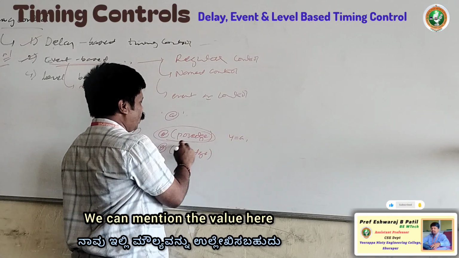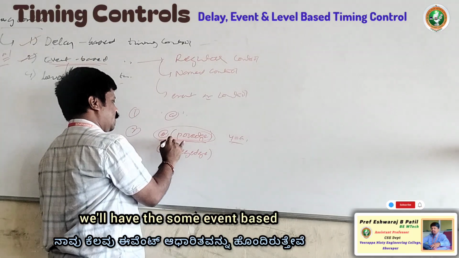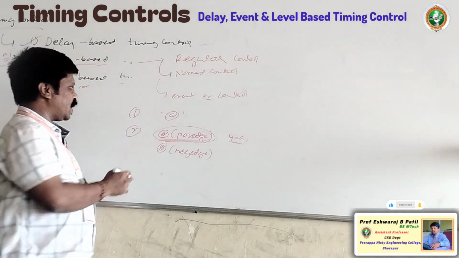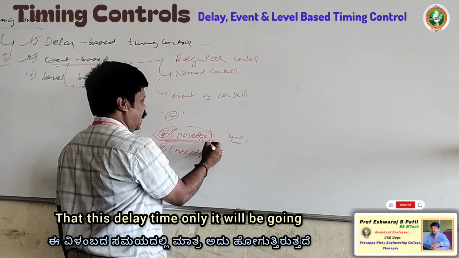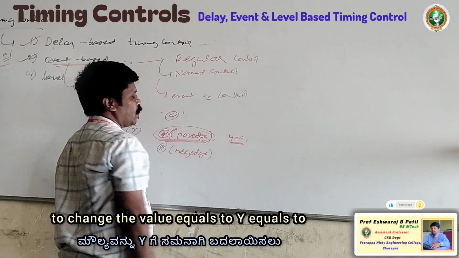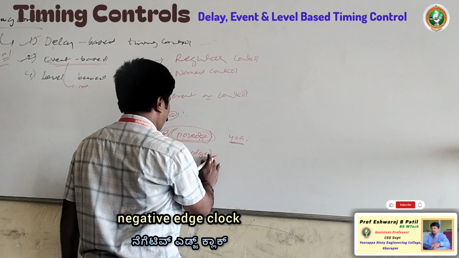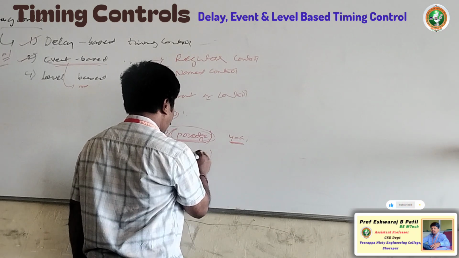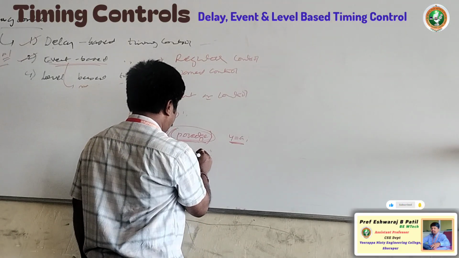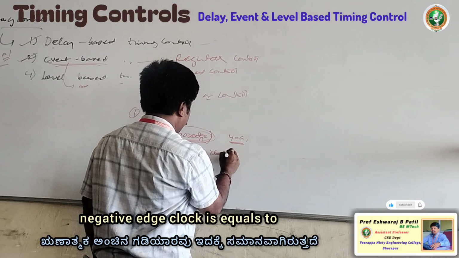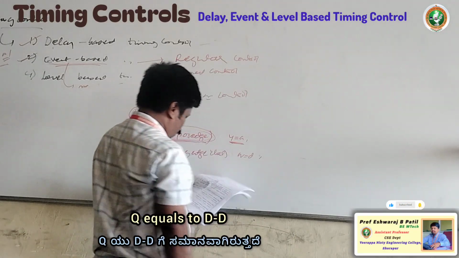We can mention the value here with an event based control, so there must be some delay over there. This delay is mentioned with the help of at the rate posedge, and only after this delay time will the value change to y equals a. Similarly, for the negative edge clock, q equals d.